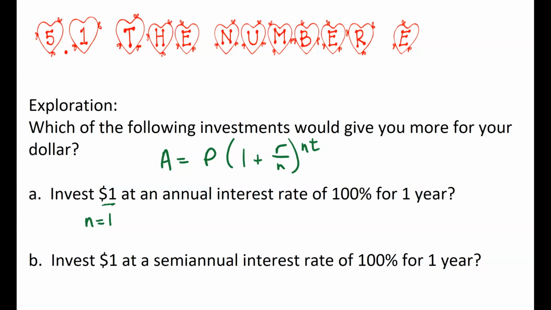Did you get something? How much? $2. Okay. So after 1 year, if we only compound one time, we get $2.